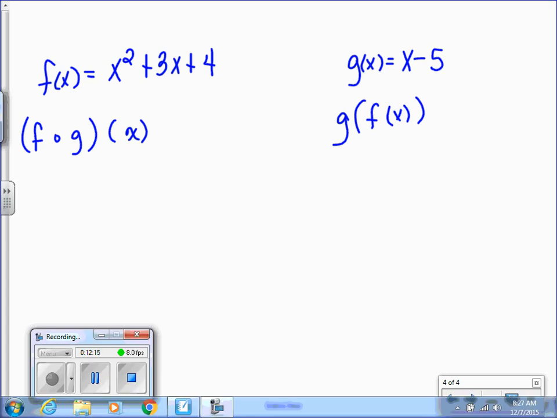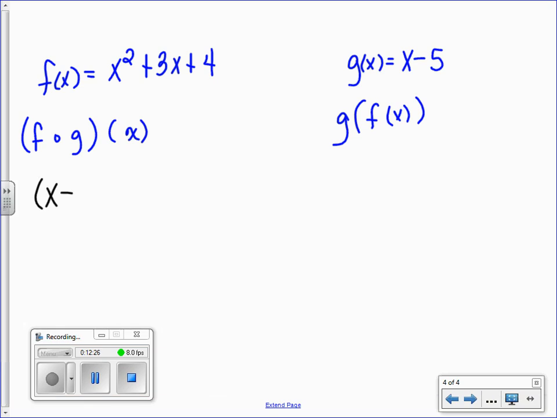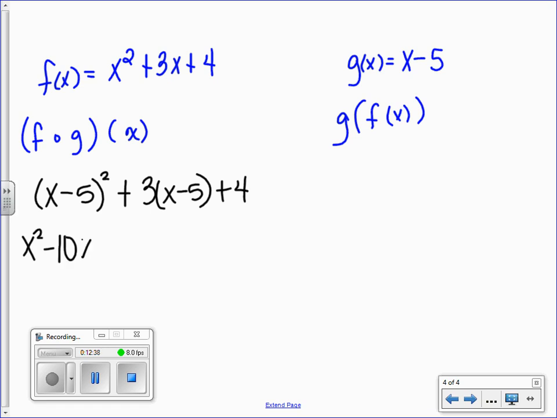Okay. So on this one, g goes inside of f. Right? So it starts out with x squared. So that means that's x minus 5 squared plus 3 times x, which is x minus 5, plus 4. Square this. I'm going to get x squared minus 10x plus 25.